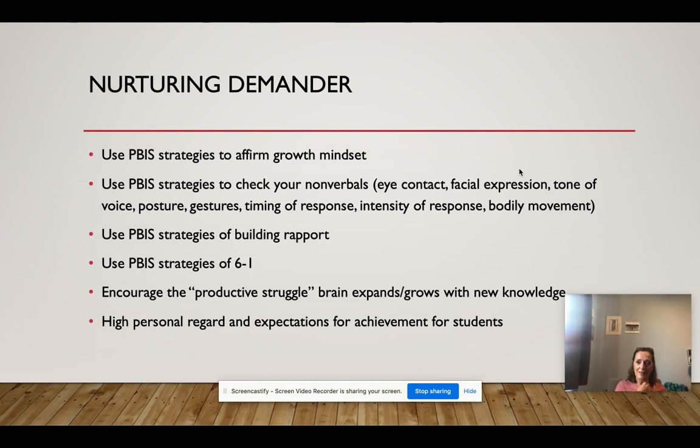And look at that, chew it up, figure it out. Because for everybody, we want to believe in the power of achievement. And we want to hold everybody to very high expectations, no matter who they are. So that's whole brain teaching.